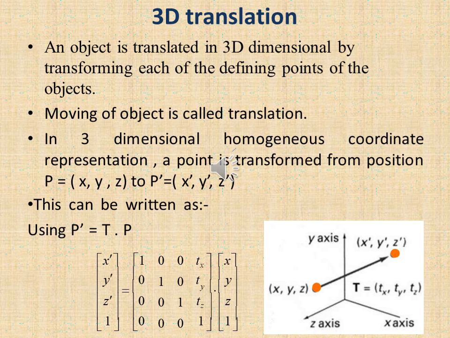The figure shows that tx defines the distance the x old coordinate has to be moved, ty defines the distance the y old coordinate has to be moved, and tz defines the distance the z coordinate has to be moved.